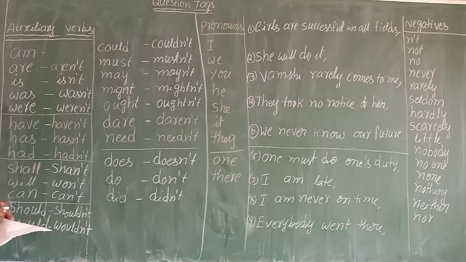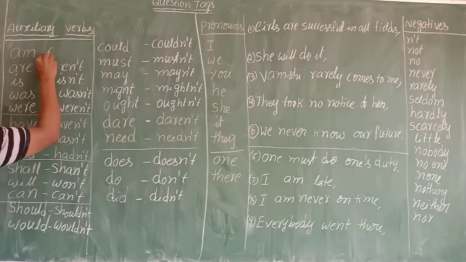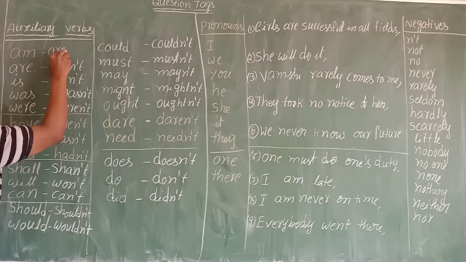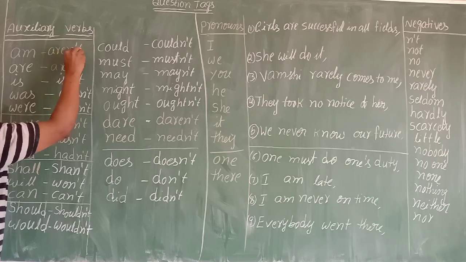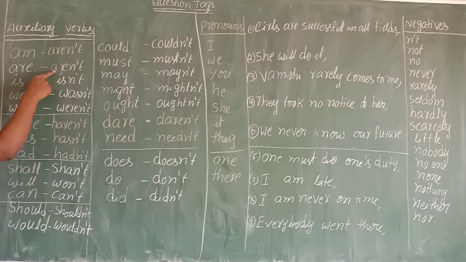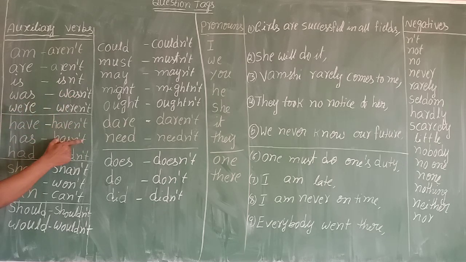Friends, listen. Am, the contracted form is aren't. Don't be confused. Here also aren't. Is, isn't, was, wasn't, were, weren't. Have, haven't. Has, hasn't. Had, hadn't.